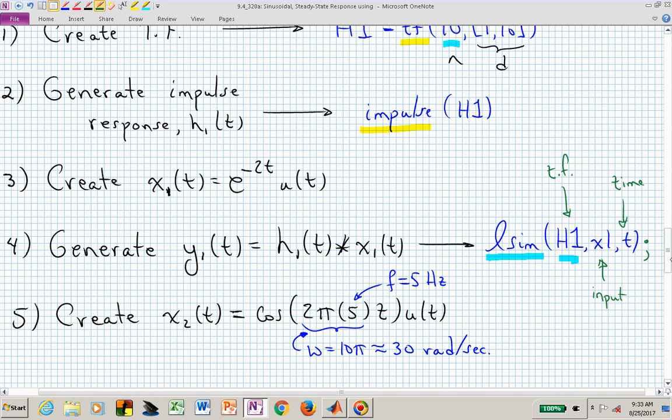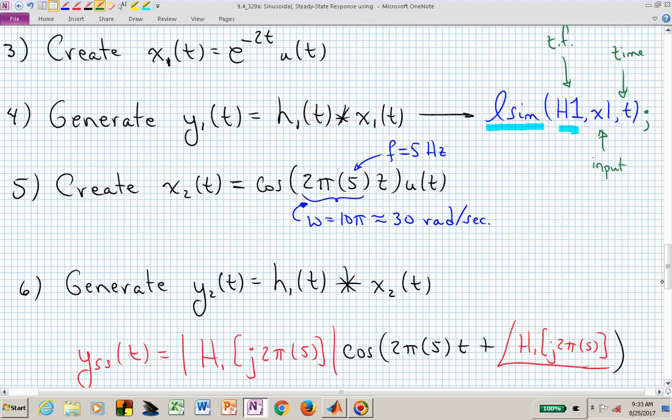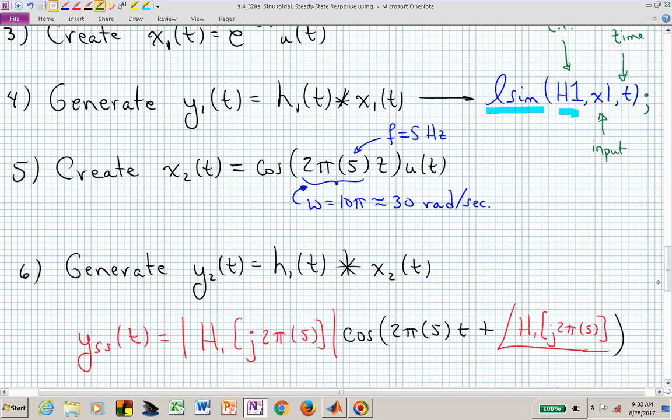And we can now do the same thing. We can use the LSIM command to generate y sub 2, and what we will see after the transients, or in the sinusoidal steady state, that's what the SS subscript stands for, is that the input we started with, which had a magnitude of 1, now has its magnitude influenced by the magnitude of our system's transfer function evaluated on the imaginary axis.